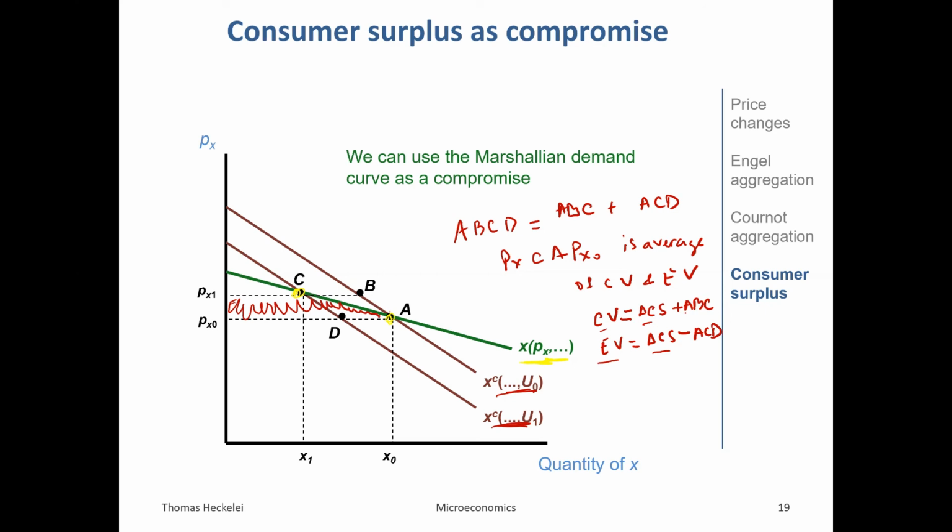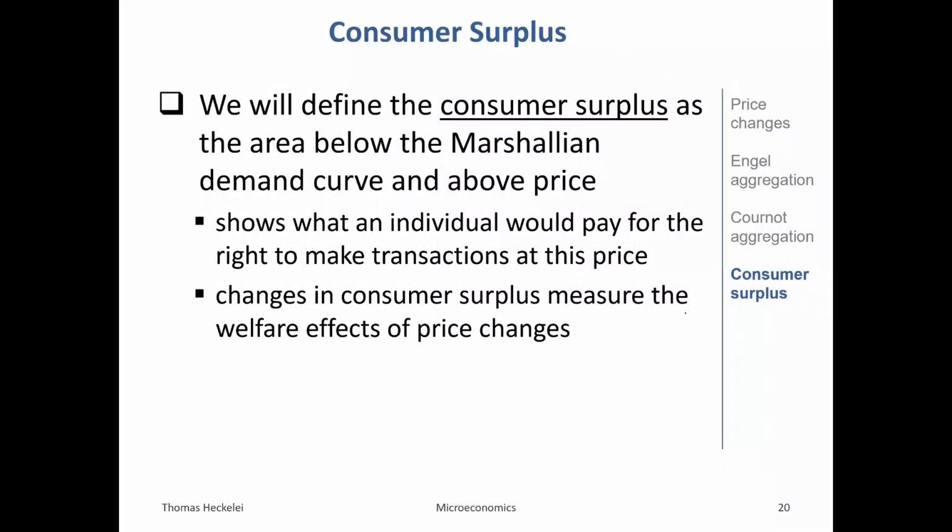That's why the area is not the same. Now we can officially define the consumer surplus as the area below the Marshallian demand curve and above price. But wait, which price? The price we're talking about here is the price at which the utility is initially maximized. This is Px0 now. We start our analysis from there.